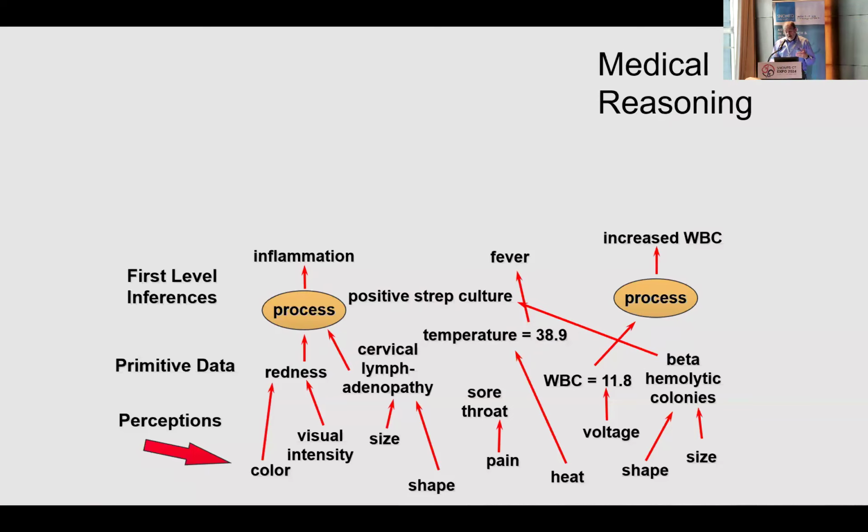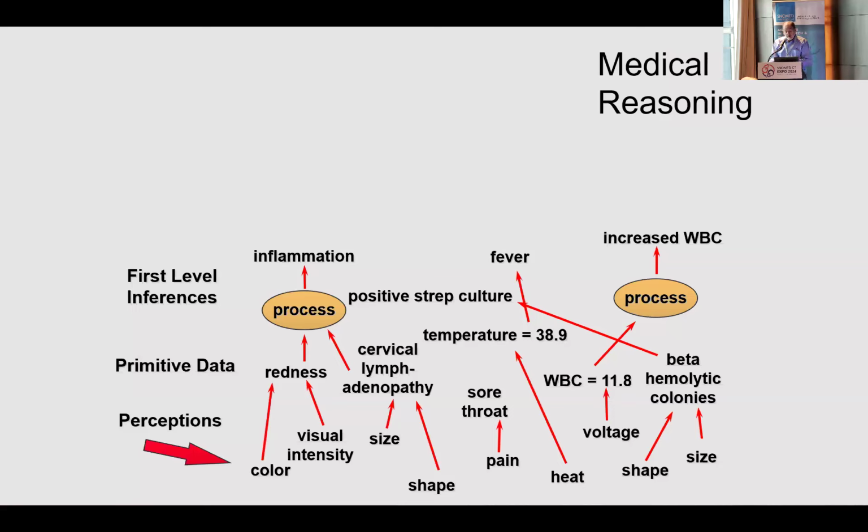Then we apply an inference process and say, that redness, cervical lymphadenopathy, we've got an inflammation process going on. The interpretation from the culture plate says this is a positive strep culture. We apply a rule to the temperature and say that's a fever. Based on normal white blood counts, this is an increased white blood count.